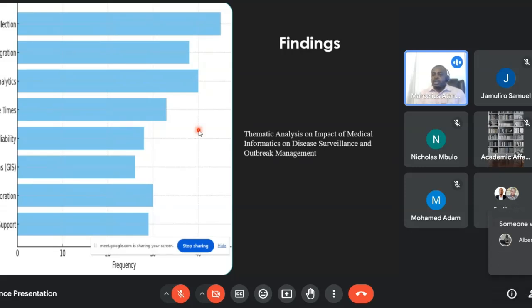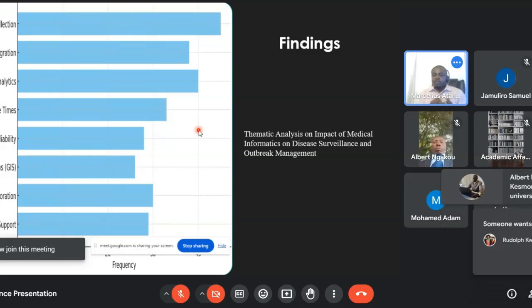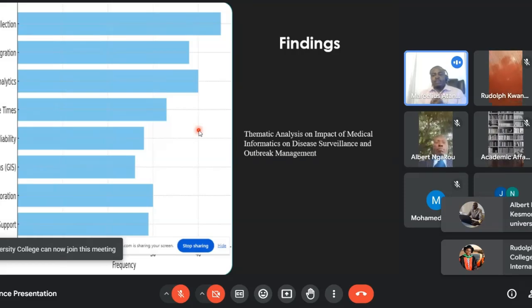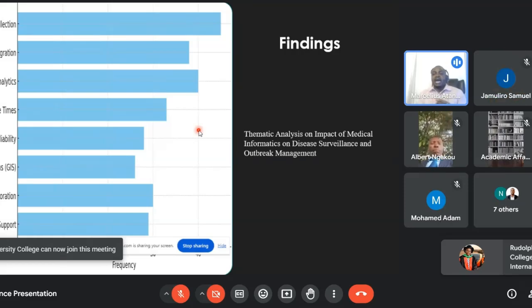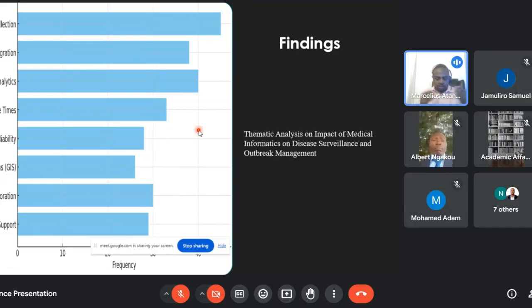So based on our thematic analysis, we were looking at the impact of medical informatics on disease surveillance and outbreak management. And most of the studies or reports or surveillance data that we collected indicate that real-time data collection was actually being impacted most.